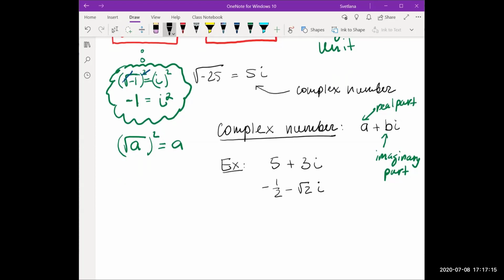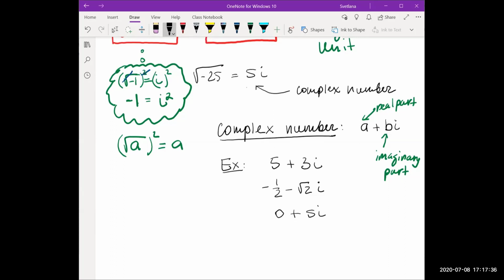Now, why did we say that 5i is a complex number? Right here at the top, remember we said 5i is a complex number. Even though complex numbers have the form a plus bi, so they have two terms, I can write 5i as 0 plus 5i.